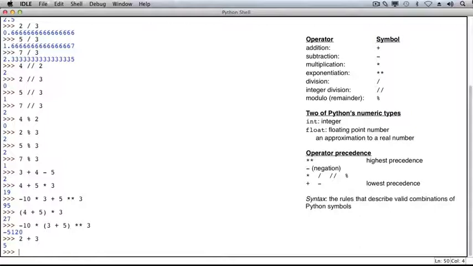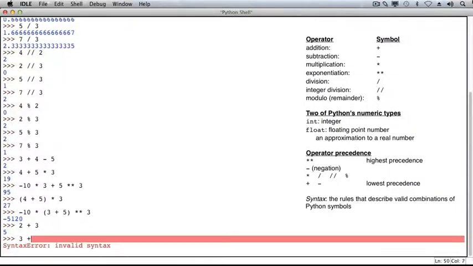Syntax is the rules that specify which combinations of symbols are legal, and 2 plus 3 is a valid expression in Python. The combination of symbols 3 plus is not valid syntax. So when I ask Python to evaluate this expression, we get an error. This is our first syntax error, and we'll see many more throughout the course.